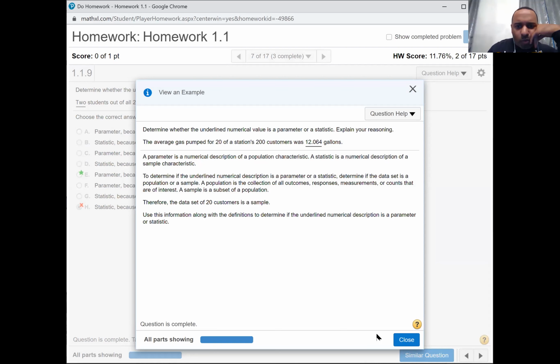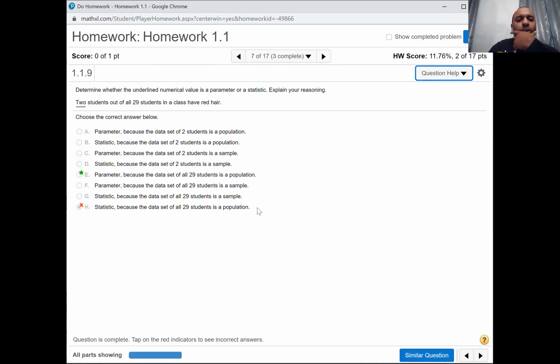I'm just trying to figure out why they said this is a parameter versus a statistic. Determined and undetermined, blah, blah, blah. It's a sample. That didn't help at all.